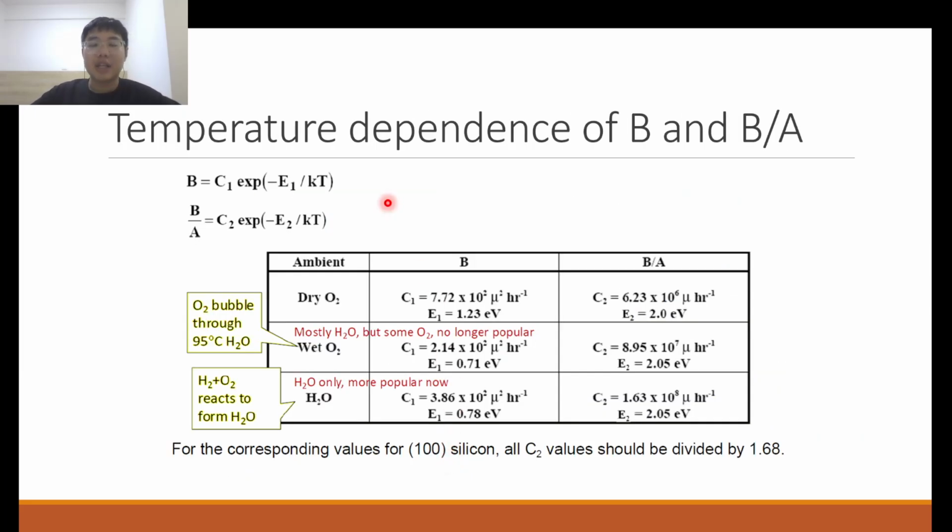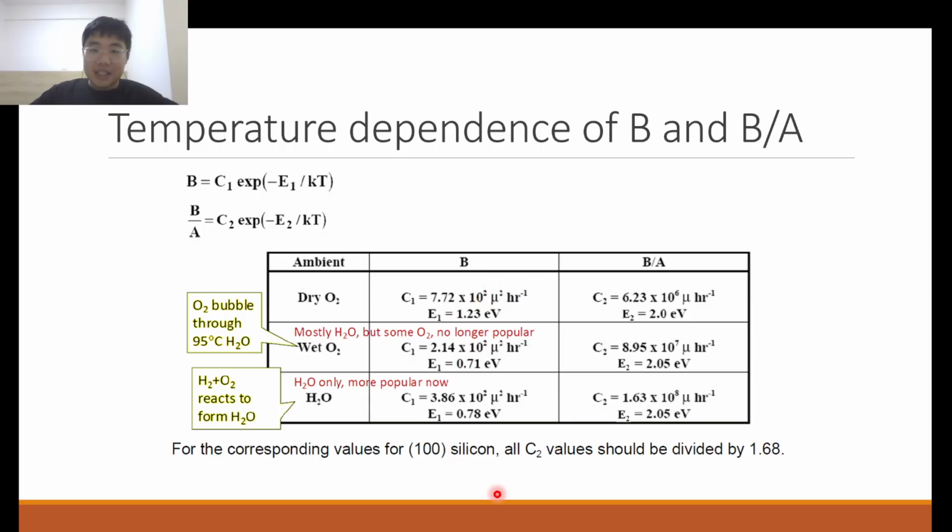And so let's take a look at the temperature dependence of B and B over A. We can see that both terms take on an Arrhenius kind of relationship, because temperature enhances both the reaction rate and the diffusivity, and the rate constant and diffusivity are both dependent on temperature according to an Arrhenius kind of relationship.